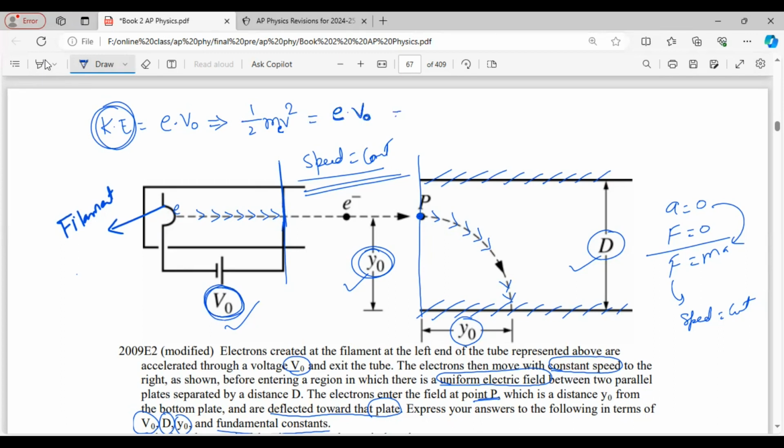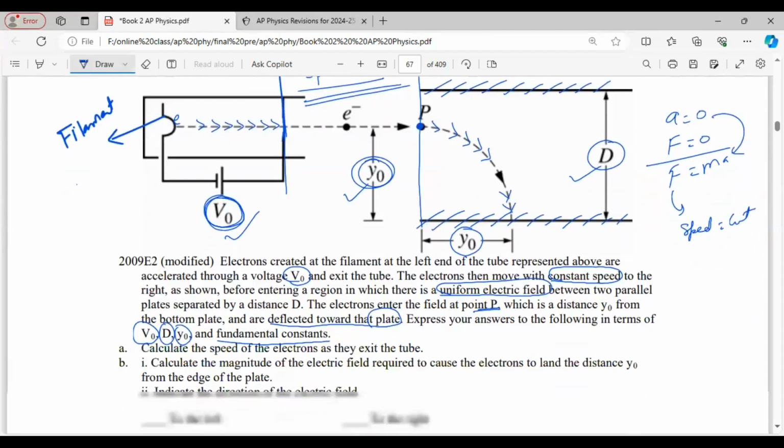So from here we can find v square is equal to 2eV naught upon m of e, that's the mass of electron. So now we can find v, that is the velocity or speed of this electron will be under root 2eV naught upon mass of electron.